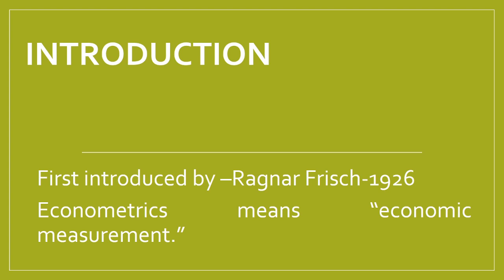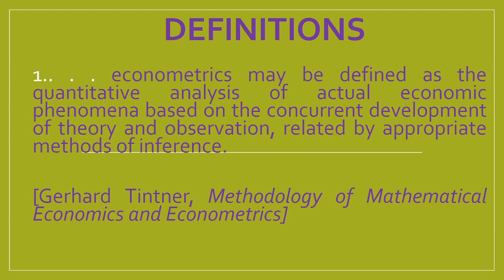And econometrics means economic measurement. We know that in economics, almost all theories explain the measurement or the relationship between variables, and this measurement is empirically proved through econometrics. And now we want to see some of the definitions of econometrics.